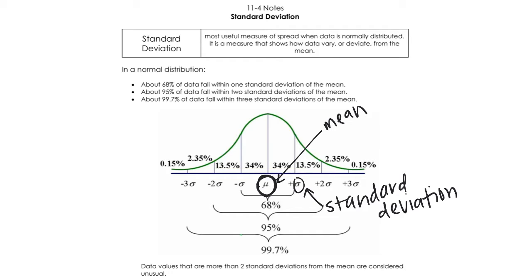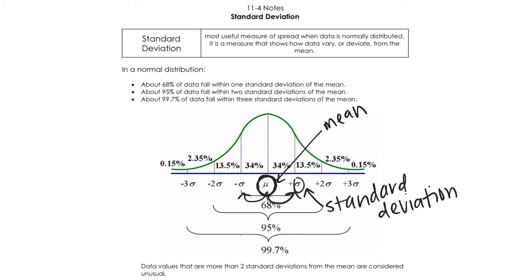And basically, it's telling you, within one standard deviation to the right, so that would be the positive, and one standard deviation to the left, which would be the negative. So they'll tell you in a problem, your mean is this and your standard deviation is this.